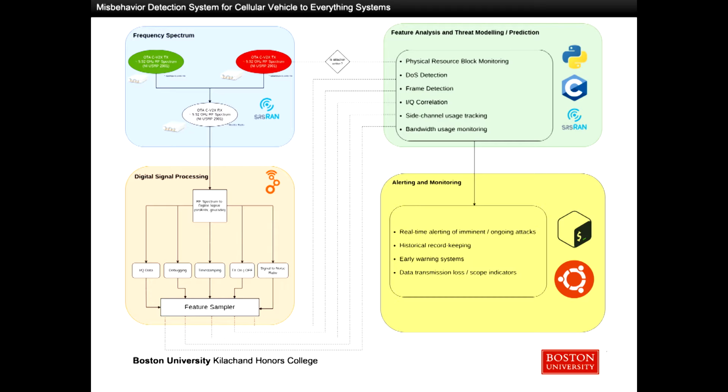From there, we did some analysis of all that data. There were two types that we focused on, IQ data and resource blocks. Again, I'll talk about those in a moment. At the end, once we had all of that data processed, we were able to work on getting real-time notifications: this signal is being jammed, this signal is not being jammed.